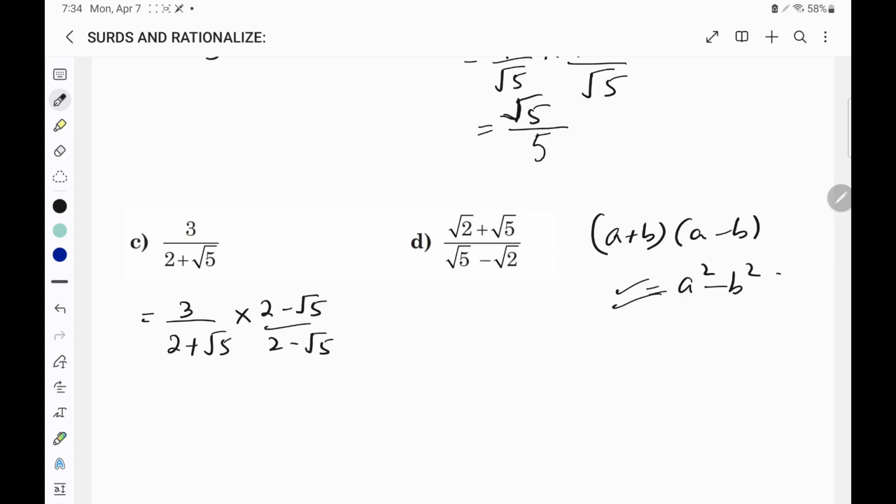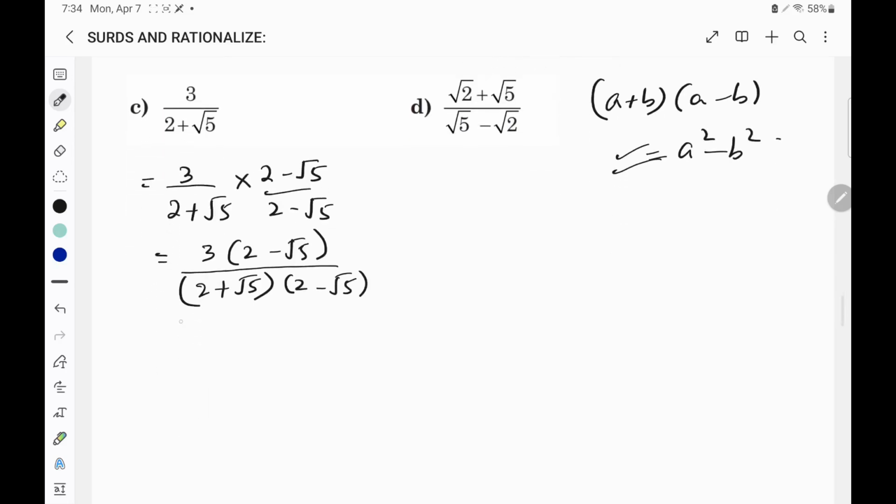Okay, now you multiply the numerator with the numerator and the denominator with the denominator. Remember, because there is a multiplication sign in between. Whenever there is a plus or minus sign in between two fractions, in that case you take the LCM. Okay, 3 times 2 minus square root 5 divided by 2 plus square root 5 and 2 minus square root 5. Okay, so that will become 6 minus 3 square root 5. A plus b, a minus b, same numbers are there, a square minus b square.